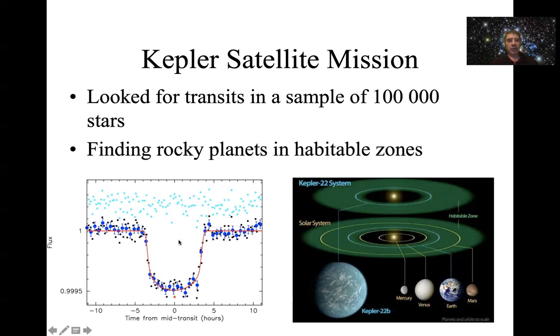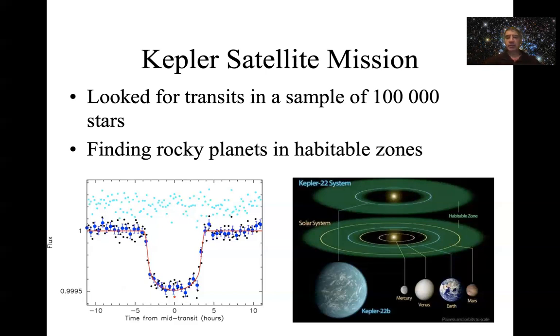From this, obviously you measure the period again. You don't measure the mass directly here, but you do measure the size of the planet, because the size of the dip is proportional to the relative area of the planet doing the eclipse relative to the star itself. So the depth of the dip tells you the radius of the planet, because you can usually estimate the radius of the star.